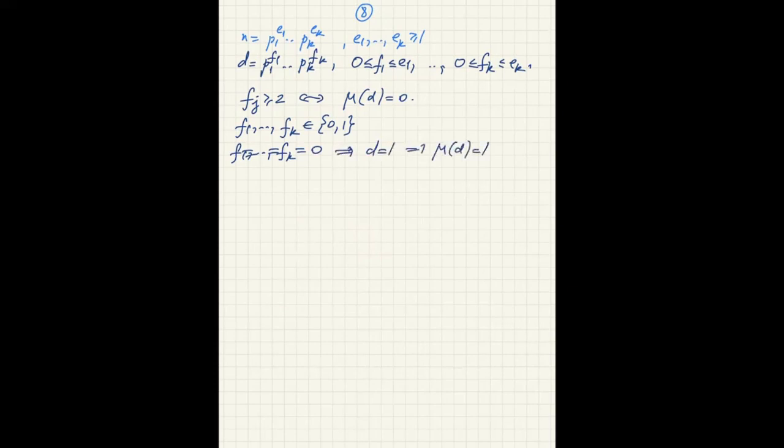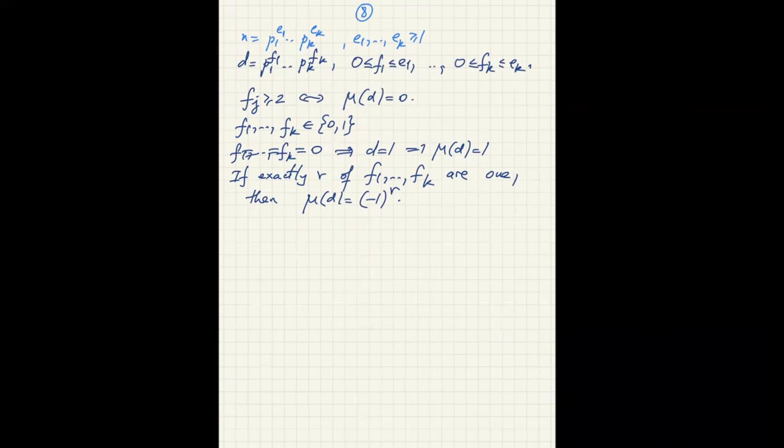But let's say exactly r of f1, ..., fk are 1, then mu d will equal -1 to the power r, because you have exactly r distinct primes in the factorization of d.